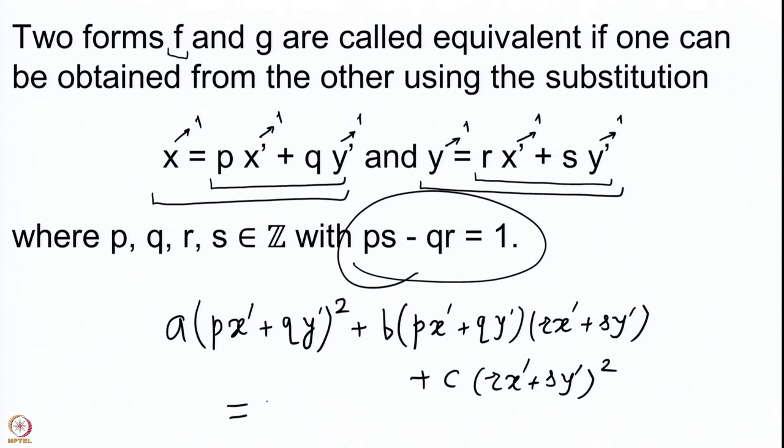So, this will be some a prime x prime square plus b prime x prime y prime plus c prime y prime square.